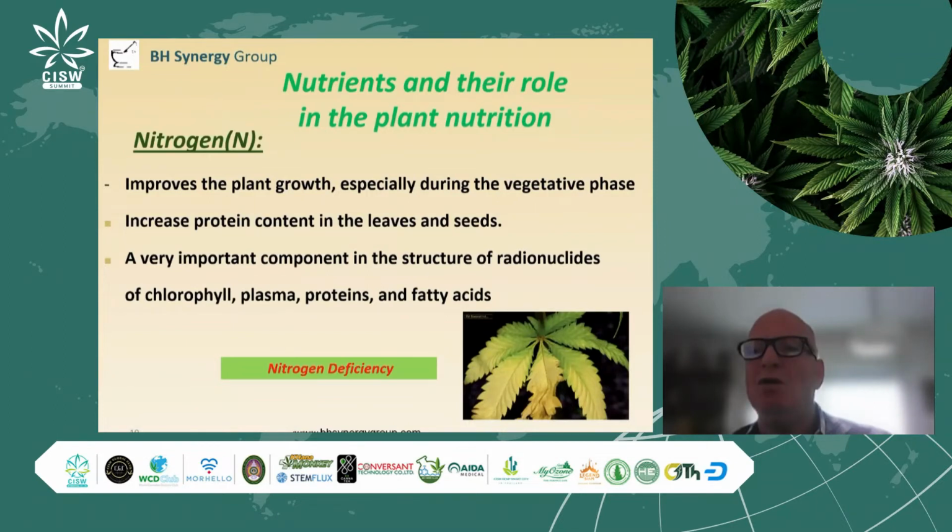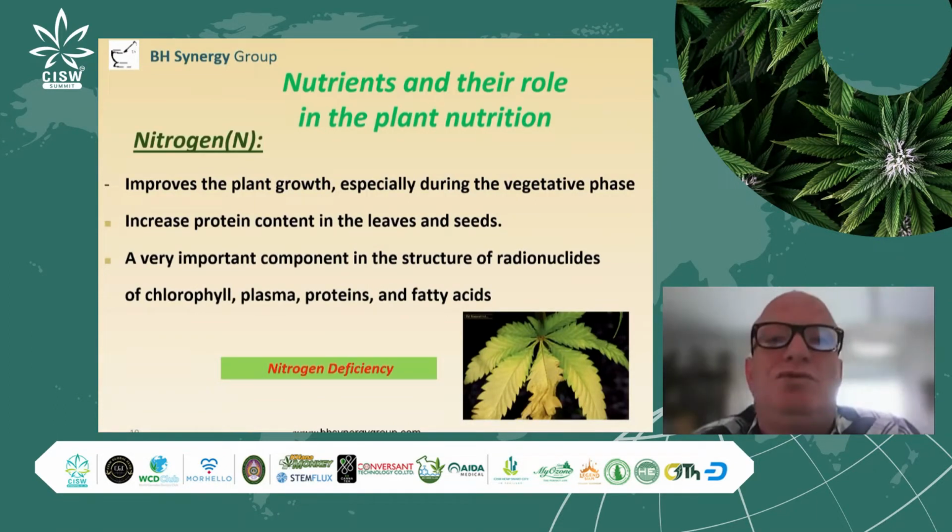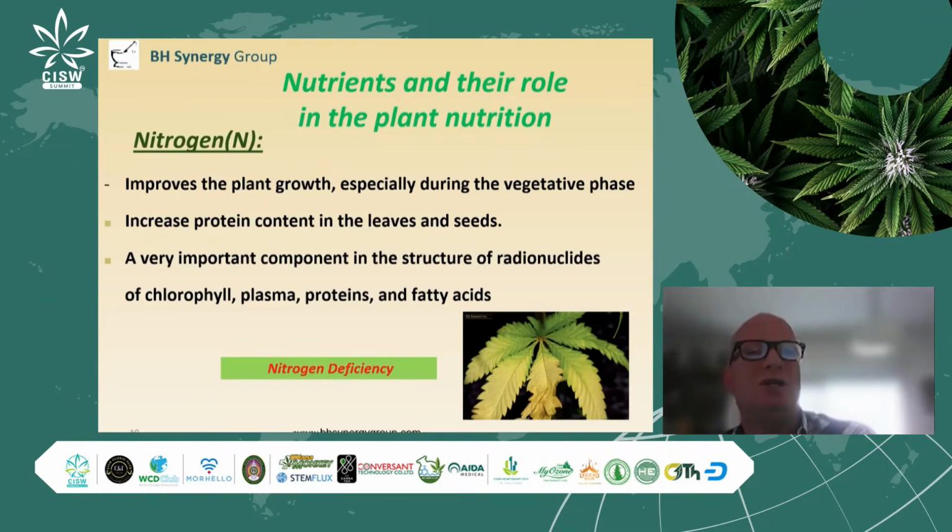Now let's talk a little bit about the nutrients and their role in plant nutrition. Later we'll make some fertigation program to see what we can do with it. If we talk about nitrogen, we can see it improves plant growth during the vegetative phase.